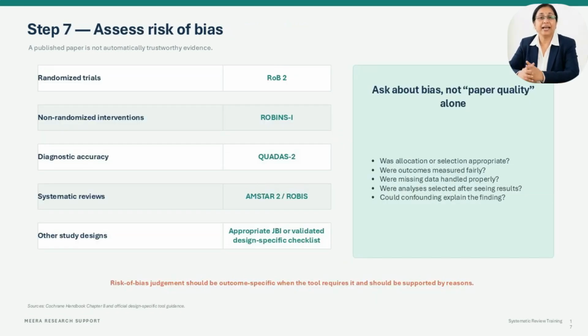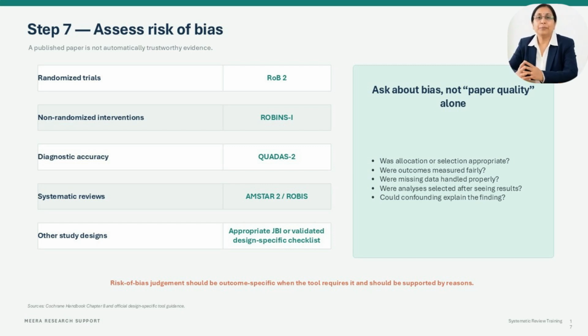Critical appraisal asks whether the study methods could systematically distort the results. The correct instrument depends on the study design. RoB 2 is used for randomized trials. ROBINS-I is used for non-randomized intervention studies. QUADAS-2 is for diagnostic accuracy studies.